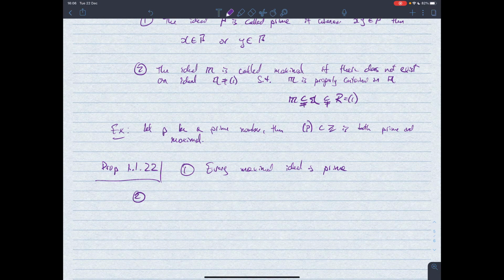Two, if I let R be a ring, then P is a prime ideal if and only if R mod P is an integral domain.